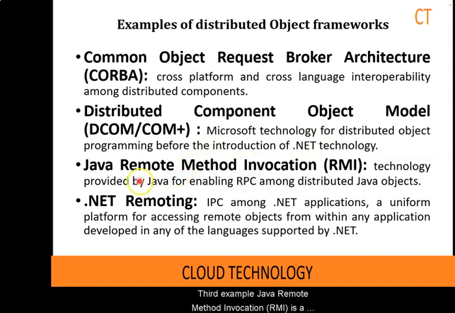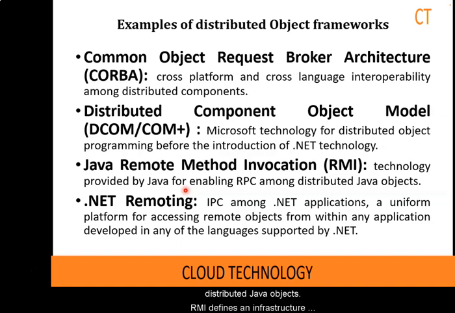Third example, Java Remote Method Invocation (RMI), is a standard technology provided by Java for enabling RPC among distributed Java objects.